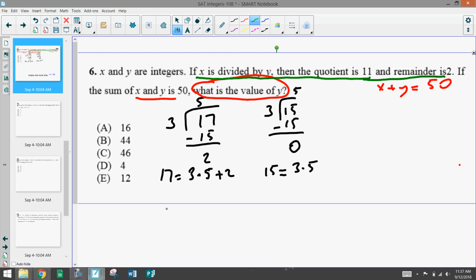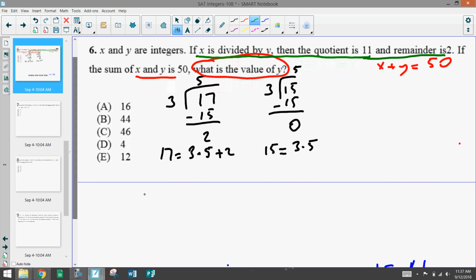So how? X is divided by y, then the quotient is 11, and the remainder is 2. Will you apply the same formula here? How did you get 17? 17 is equal to 3 times 5 plus 2, right? Can you apply that here?